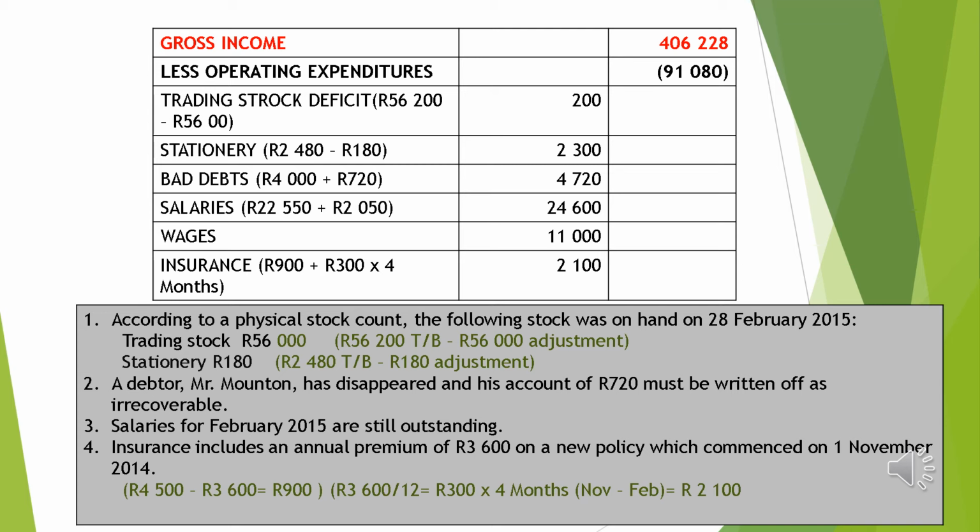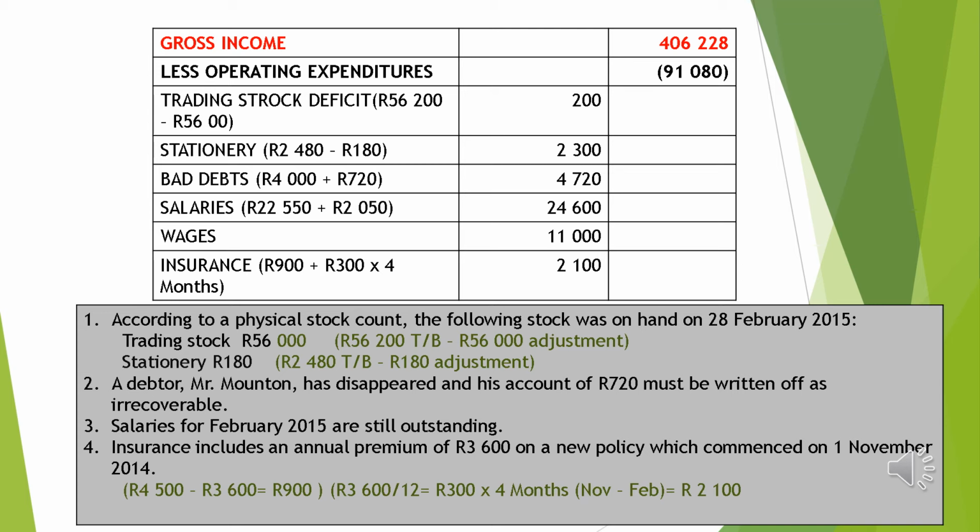Then we discovered that we just paid 900 rand if we exclude 3,600 from 4,500. Then 3,600 divided by 12 because we were told that this is an annual premium, you get an amount of 300 rands. Then we multiply this amount by 4 because it is from November to February.